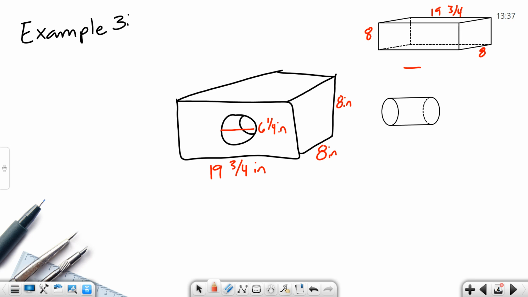Length times width times height. If you're using your Casio calculator, we can do 6 ABC, the ABC button, that gives us our fraction mode. Actually, no, we need 6 1/4 for our cylinder. That's 6 1/4, and this is 8. I need 19, ABC 3, ABC 4, times 8, times 8.